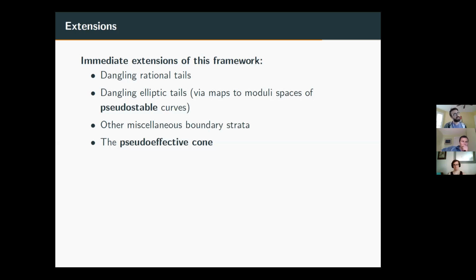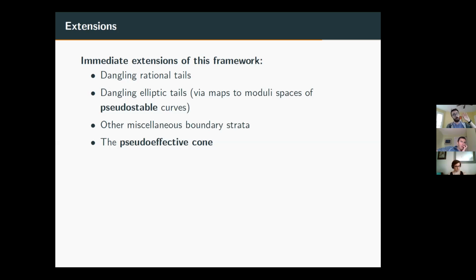And then the other thing that I haven't mentioned at all here is this cone lives in a vector space, and it's a real vector space because my coefficients are real, and you can take the closure of that cone in the usual real topology, and you actually pick up extra classes. You pick up things that were not effective, but now are in that closed cone. And so we call that the pseudo-effective cone.